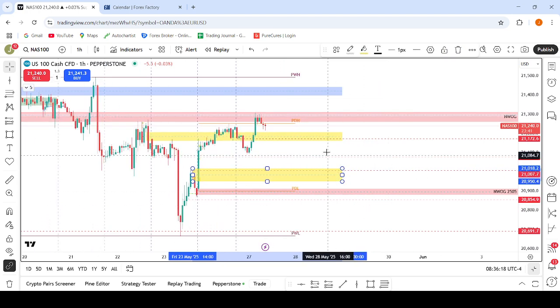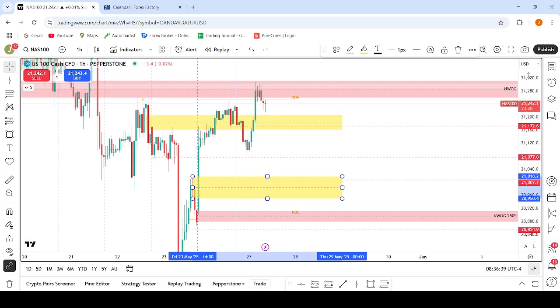But overall, if we drop below here, then we're hopefully heading down further. If we reject in here, anywhere in here, I notice that we've got a gap over this portion here.